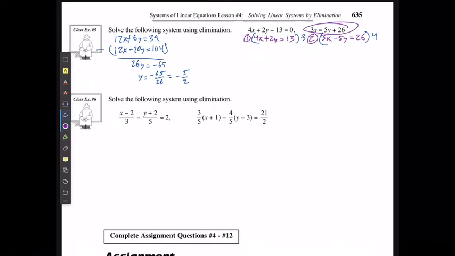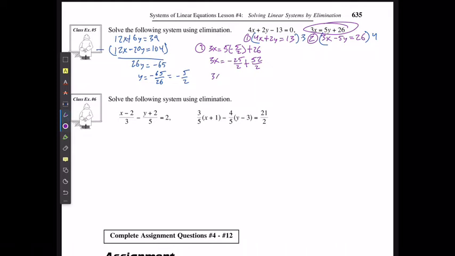So 3x is equal to 5 times negative 5 over 2 plus 26, which means that 3x is going to equal negative 25 over 2 plus, well, I want to put the 26 over 2 so that I can combine these fractions, so this is going to be 52 over 2.